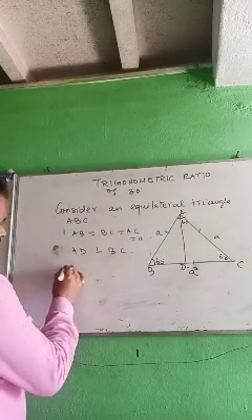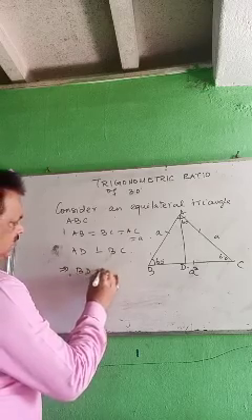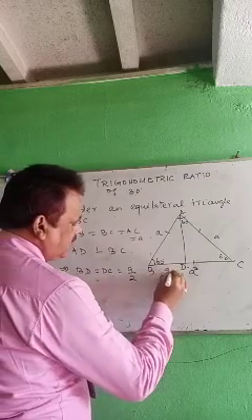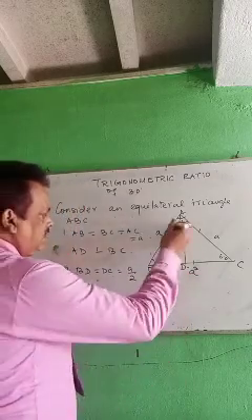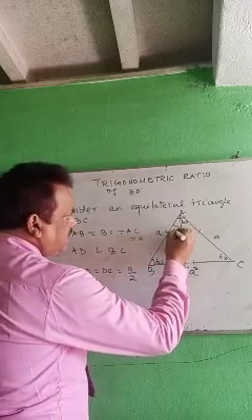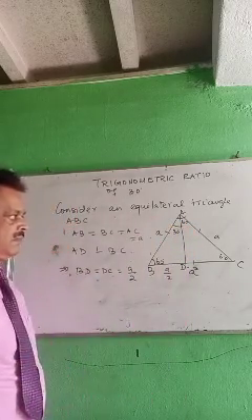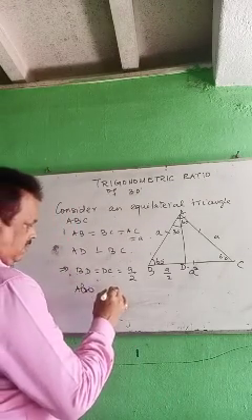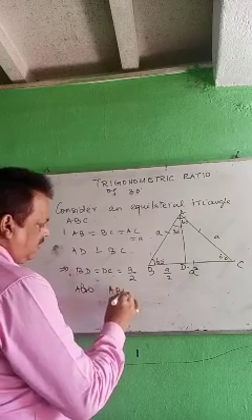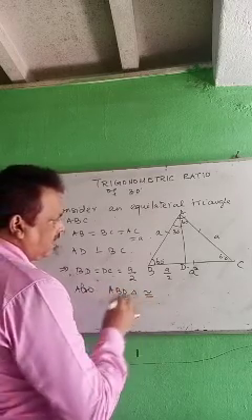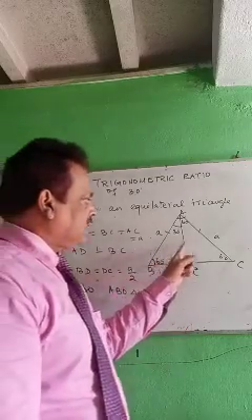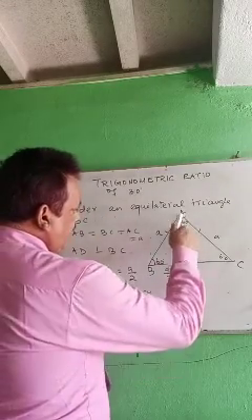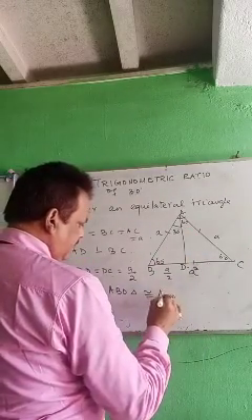So BD equals DC, bisected equally, that will be A by 2. So this is your A by 2. And it divides the angle also, this will be 30 degree. Also triangles ABD and ADC are congruent, these two are equal, means either you can take this triangle or this triangle, both will be same.